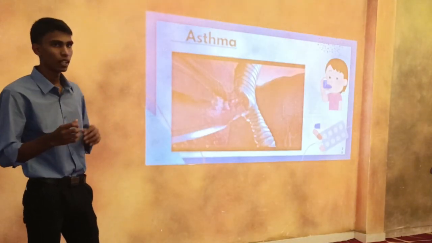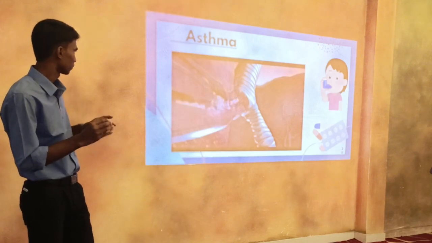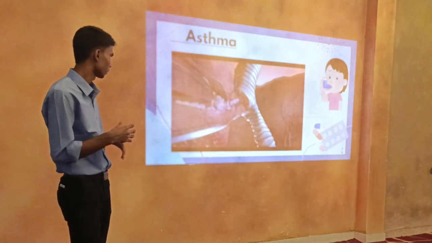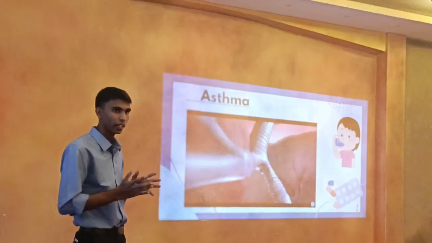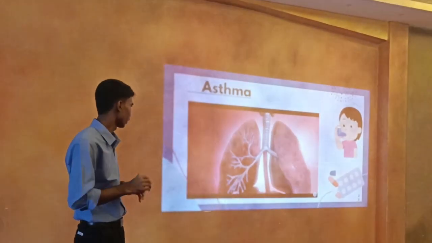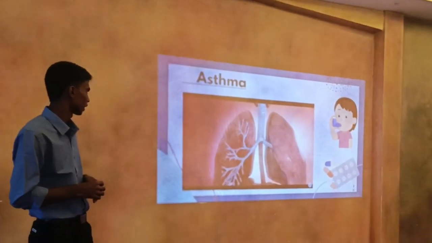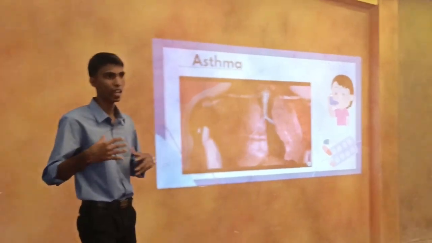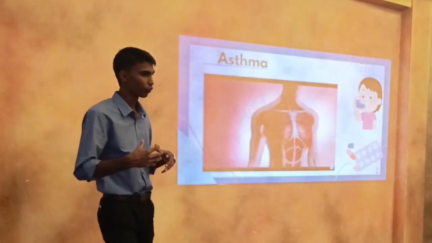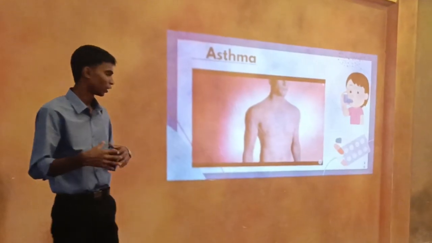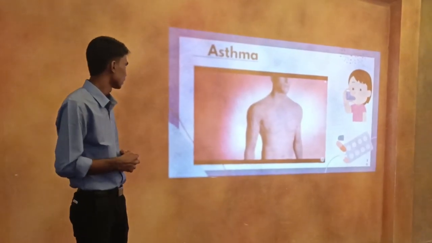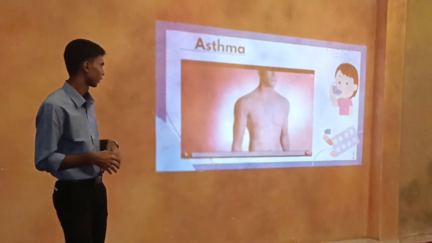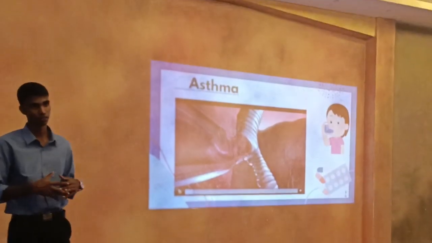It prevents air from traveling through the tubules and blocks your airway. As you can see in this diagram, when it happens, you may feel it is very hard to breathe. So next, let's move to the next disease of our respiratory system.